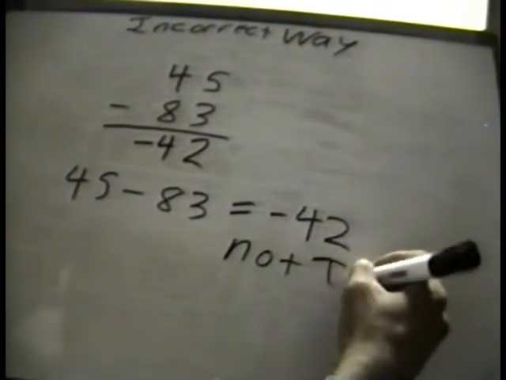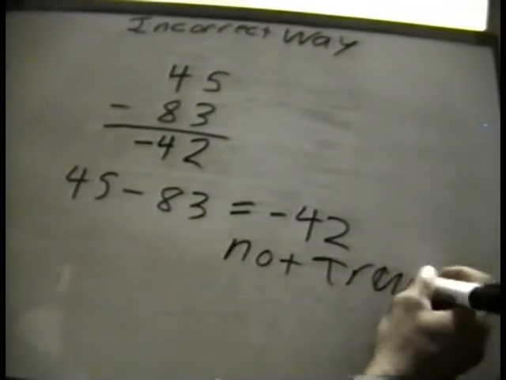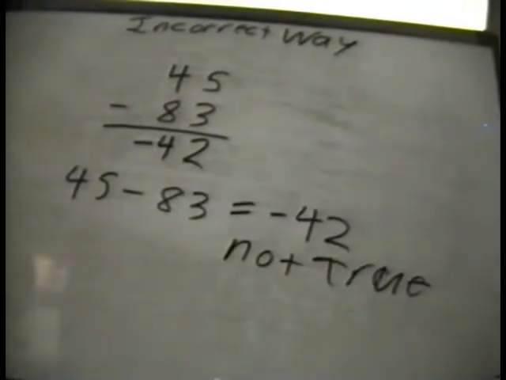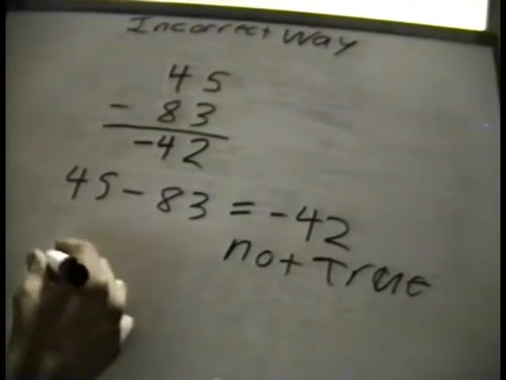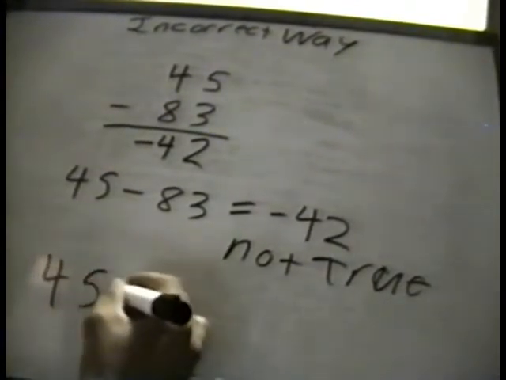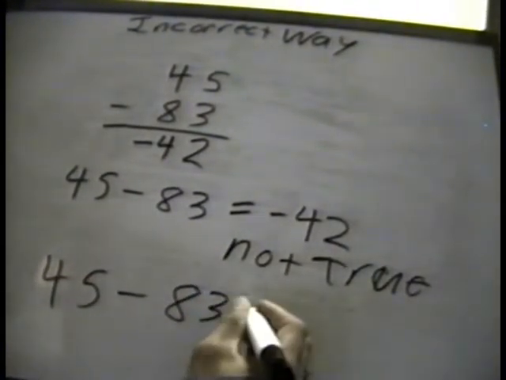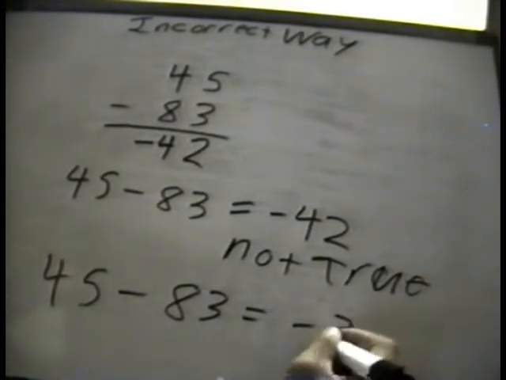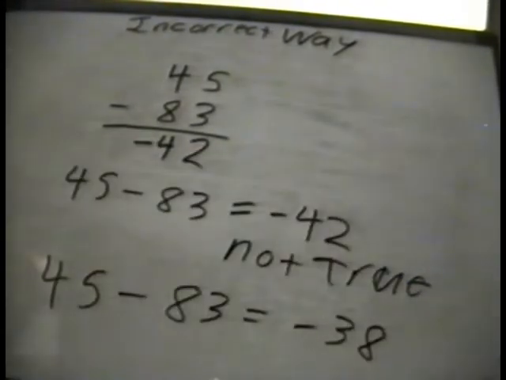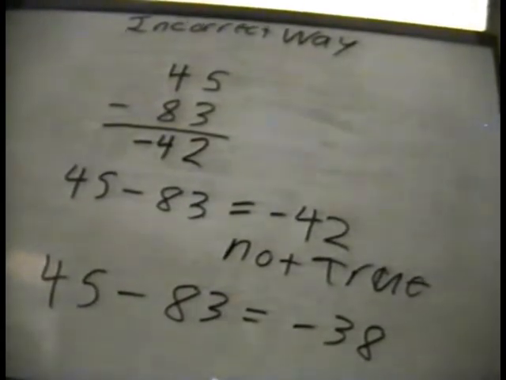So that is not negative 42. That's not true. Okay? 45 minus 83 is equal to negative 38.